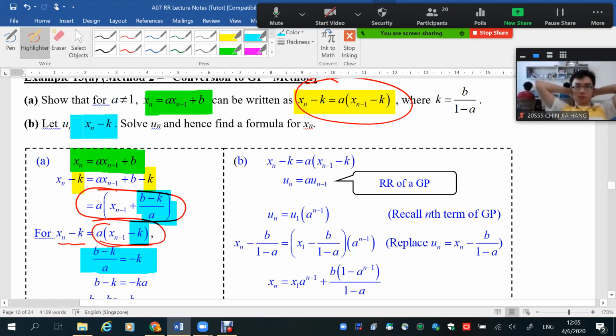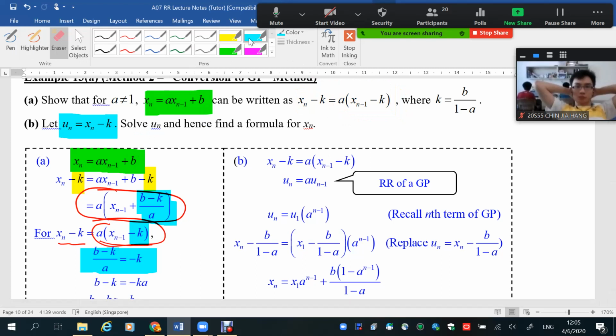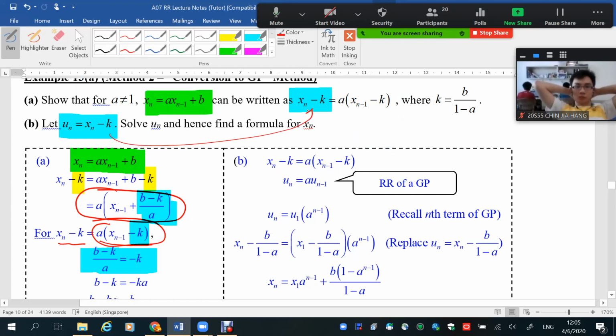If I were to let un be xn minus k, where does xn minus k come from? It is actually this section, xn minus k. So what it means is that un is actually a times un minus 1. Can you tell me how this happens?